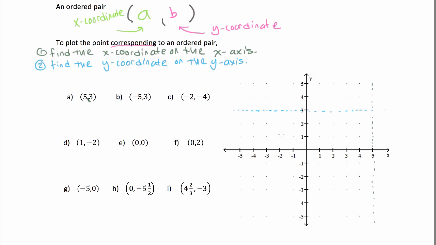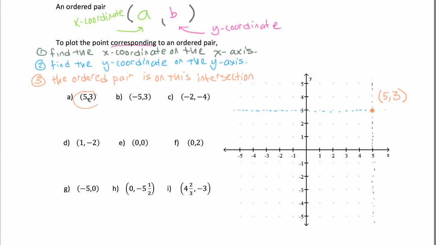Then the ordered pair I'm looking for, in my case the ordered pair 5, 3, is where these intersect. So right here, that's my ordered pair. The ordered pair is on this intersection. So that's a point that lines up both with 5 on the x and with 3 on the y.